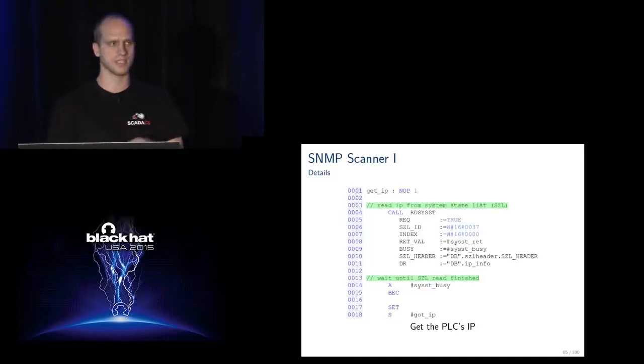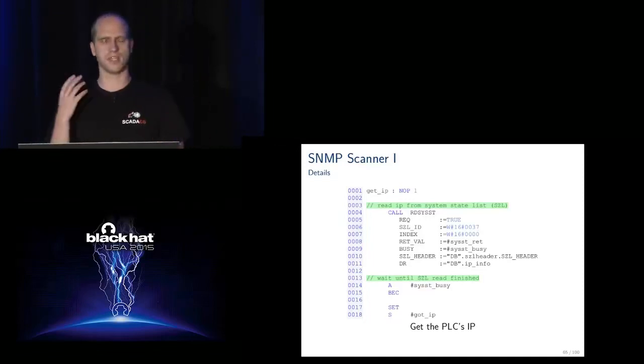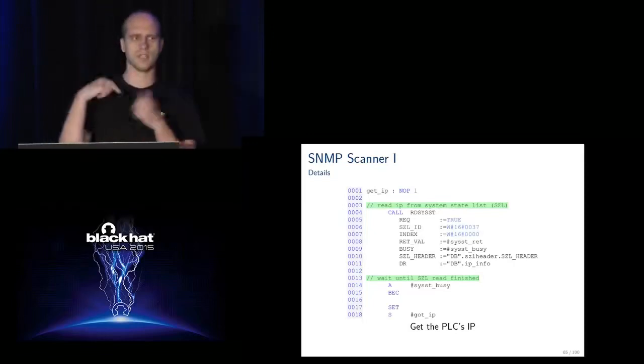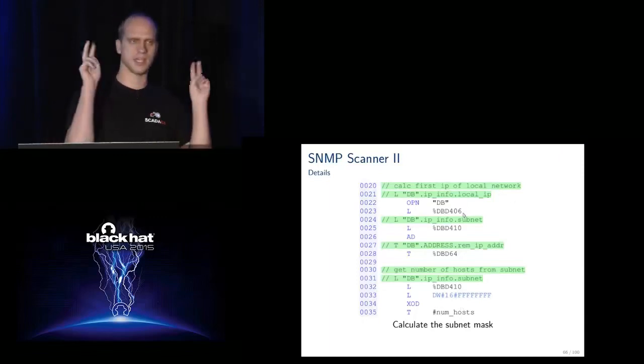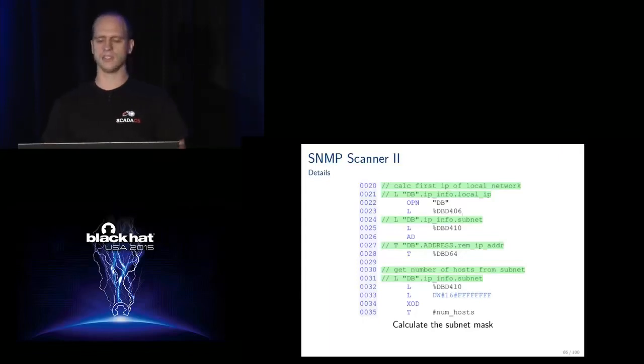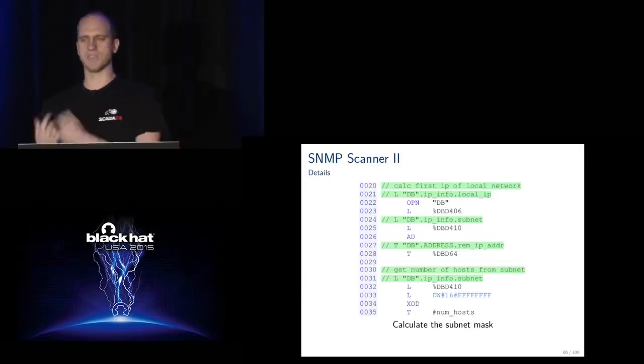So programming PLCs is quite different. It's like building up a huge state machine and thinking about which state I am in and entering a new state every time. So now we have our IP address. We load the IP address on the PLC stack and do a bitwise AND operation with the subnet mask.